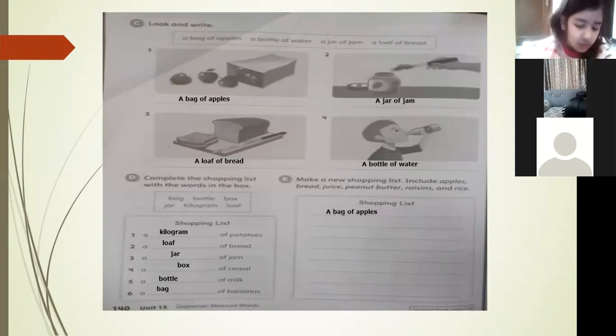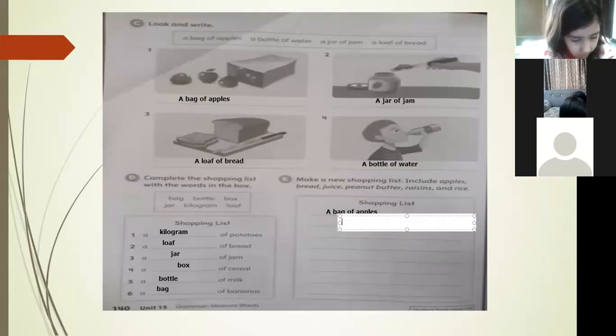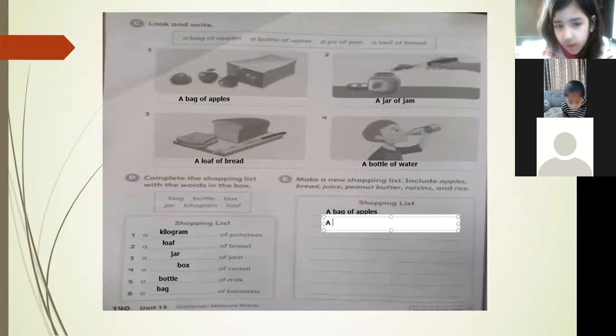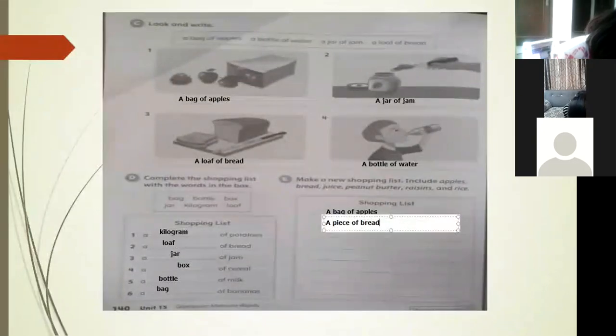Okay. Next is bread. So for the bread, we usually use a loaf of bread, okay? A piece of bread you can say as well, right? A loaf of bread, a piece of bread, it's fine. Okay, juice.